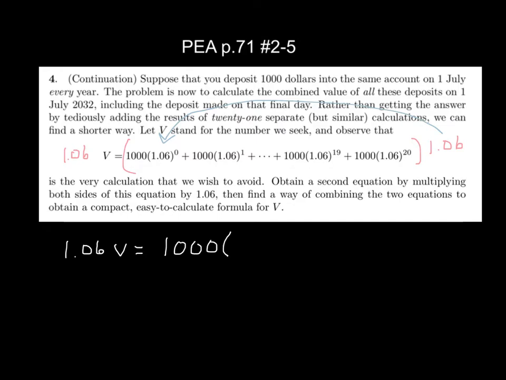The 1.06. Since I'm multiplying by 1, and it was a 0, I'm adding an exponent there of 1. So if I multiply this 1.06 out here times this, that 1.06 just changes to the exponent of 1. So what's this one going to change to? 2.